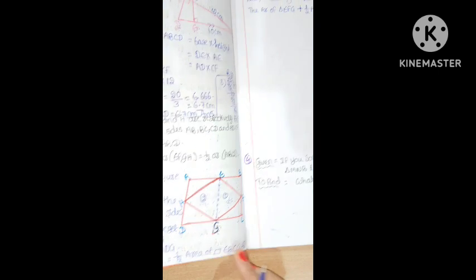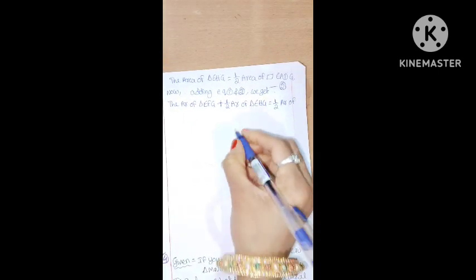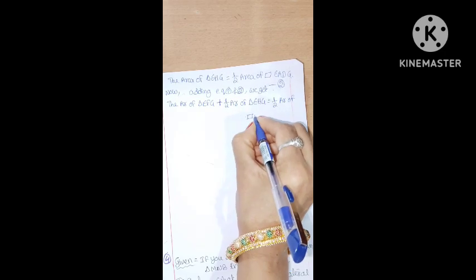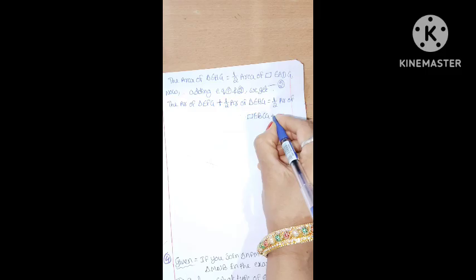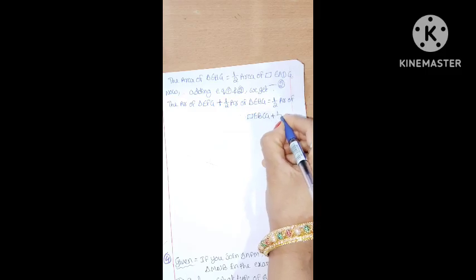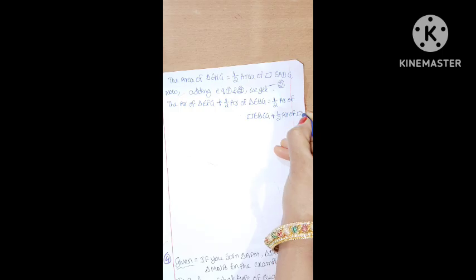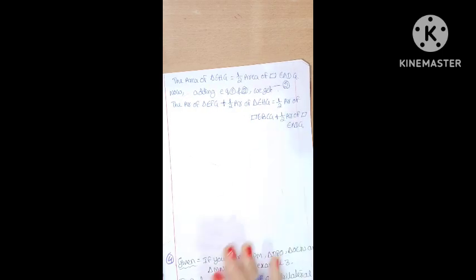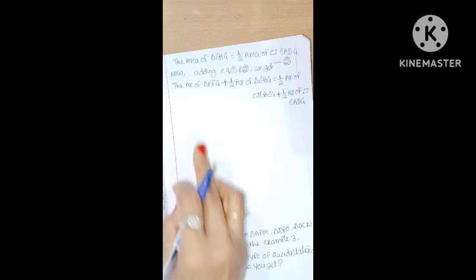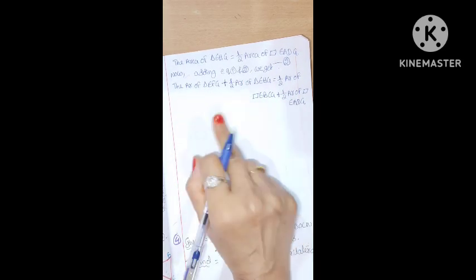Half the area of parallelogram EBCG plus half the area of parallelogram EADG. Both sides adding equation number 1 and 2.